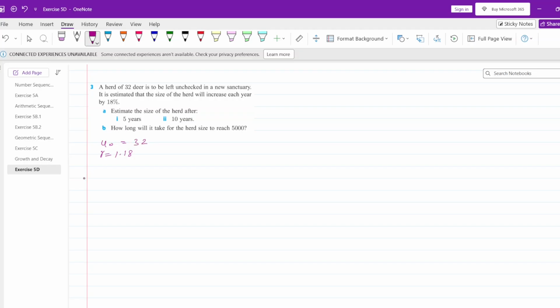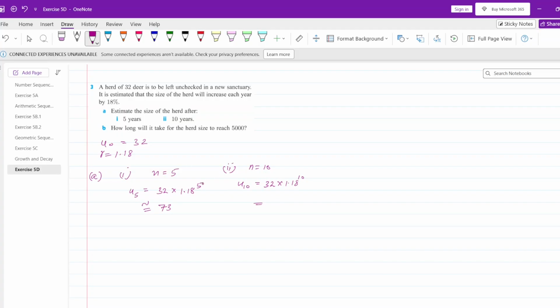Estimate the size of the herd after n equals 5. So U5 equals U0, that is 32, times R, 1.18, raised to the power 5, that is 73. For n equals 10, U10 is going to be 32 times 1.18 raised to the power 10.